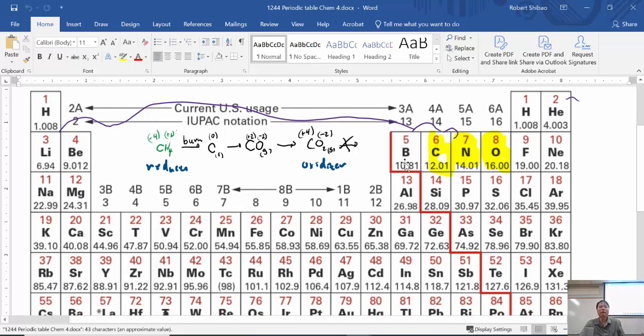If we look at chromium, what do you think the oxidation state on chromium ranges from what to what? +6 is the max positive, good. Well, negative, it would be kind of crazy. Negative, because it'd be -1, 2, 3, 4, 5, 6, 7, 8, 9, 10, 11, 12 to reach it out here. Do you think -12 is reasonable? No, -12 is not reasonable.